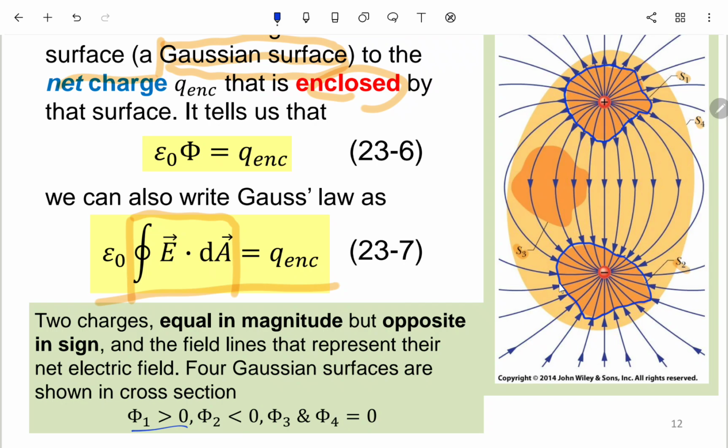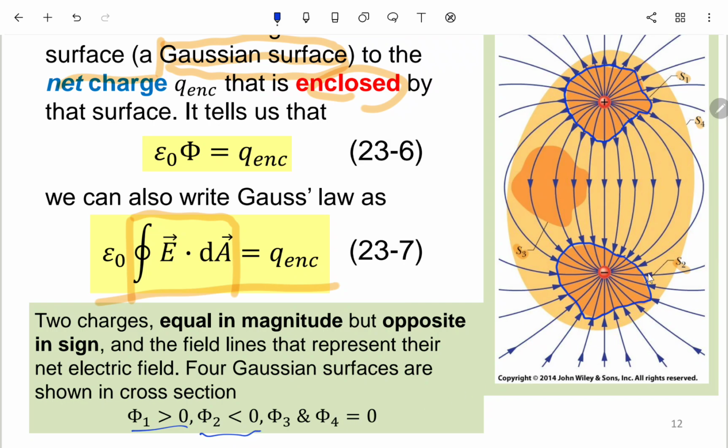When we consider S2, this Gaussian surface encloses this negative charge, but the positive charge is outside, so the net charge enclosed by S2 is negative. So here Q enclosed is negative for S2, which means that this closed surface integral is negative, or this phi 2 is negative.